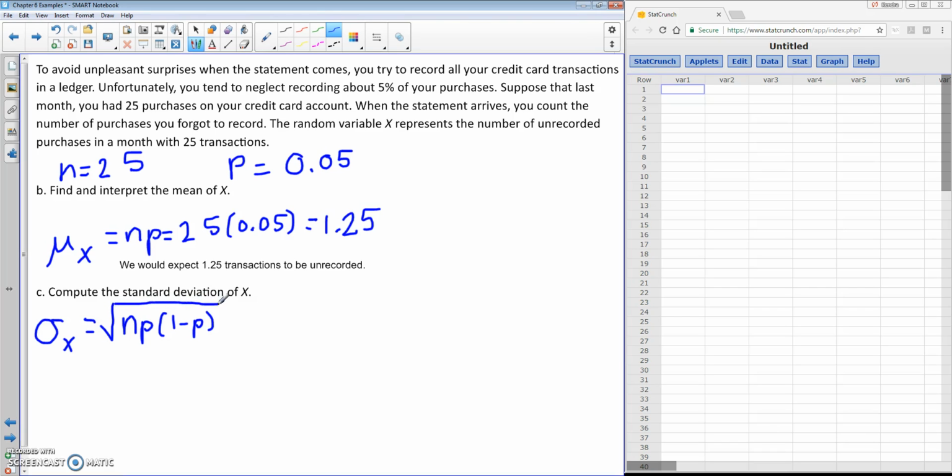Extend the square root bar here. So n and p and 1 minus p.